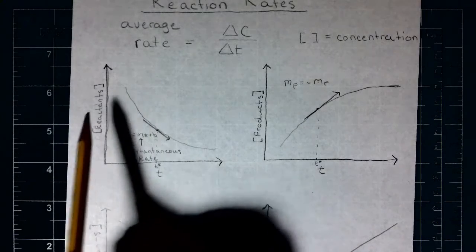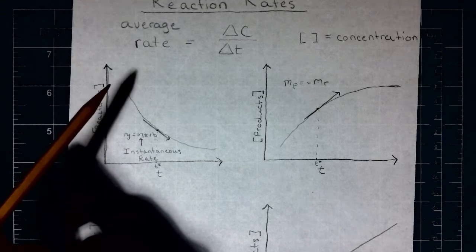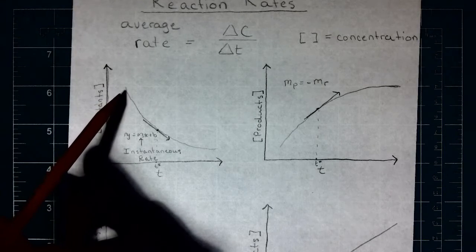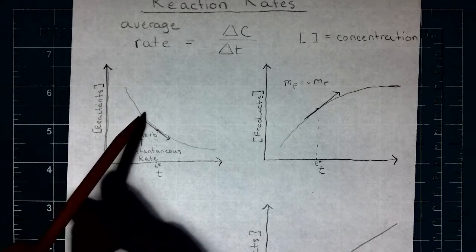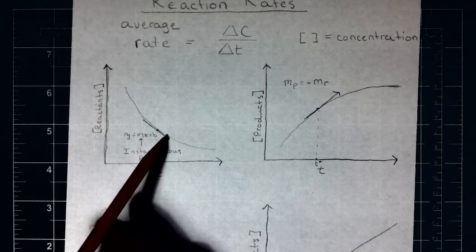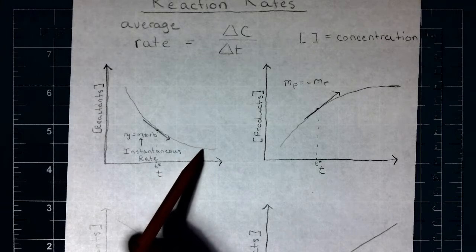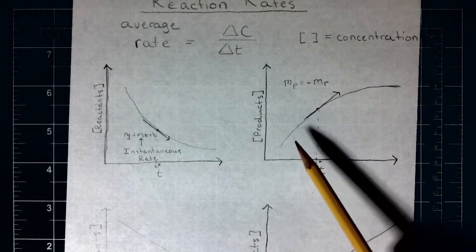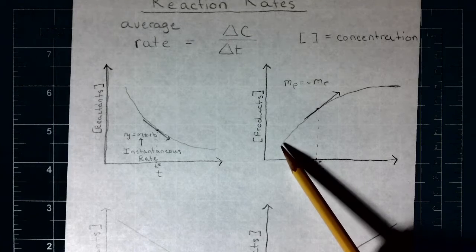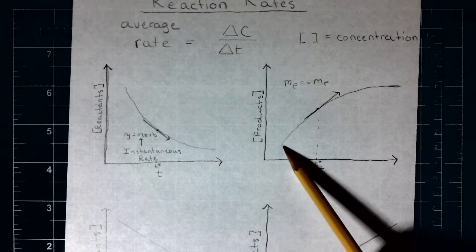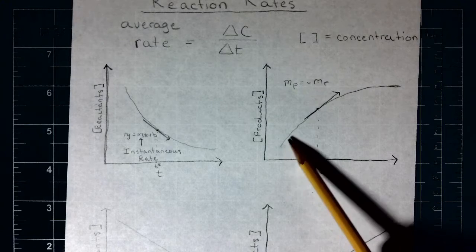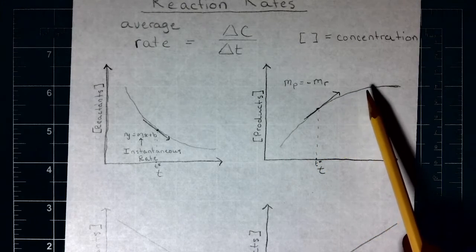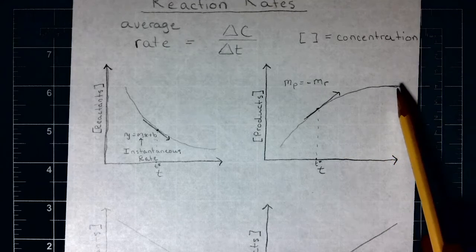Now, if we look here, this kind of makes sense. So we start off with a lot of reactants, a high reactant composition, and as the reaction goes on, we get fewer and fewer reactants because they're all being converted to product. On the other side here, we're going to start off with less product, and we're going to be eventually getting more and more product as the reaction continues.